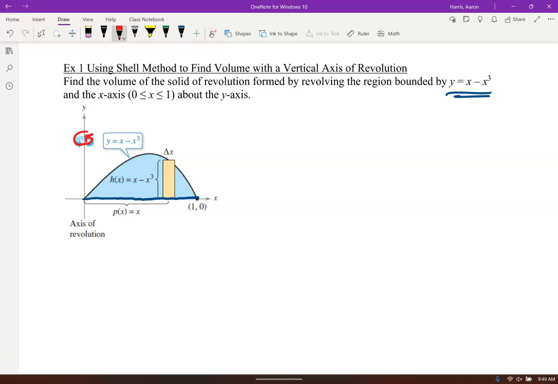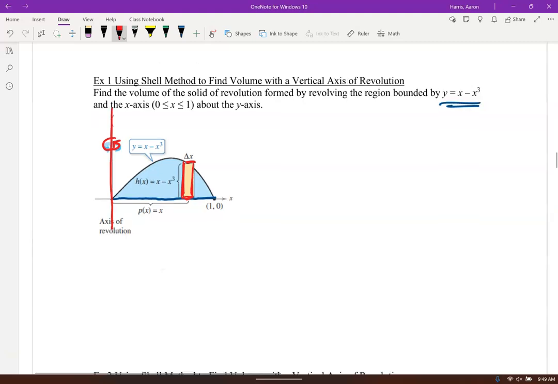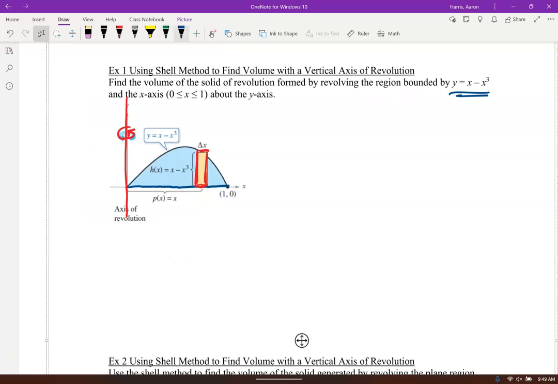So we make our rectangle parallel to the axis of revolution now. There's that rectangle parallel. You see how it's parallel to our vertical axis of revolution? And we're going to spin that around. So if you can imagine, this is spun around.